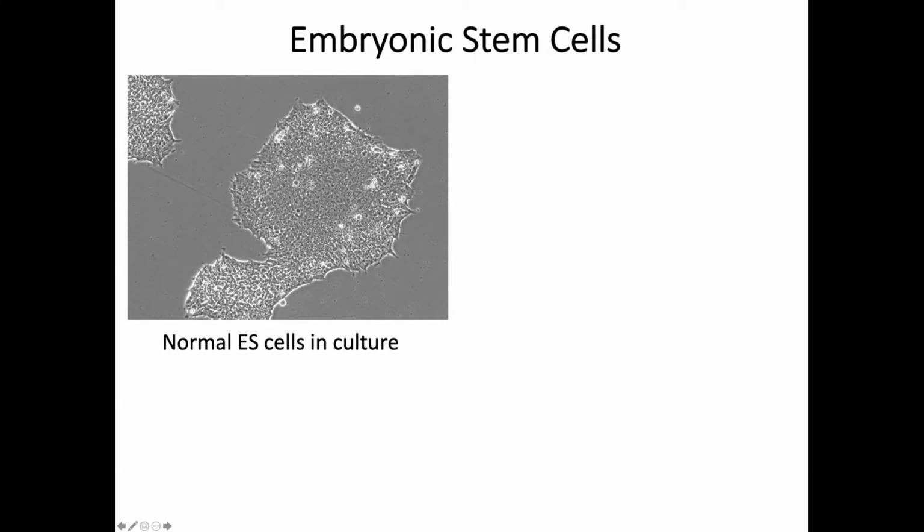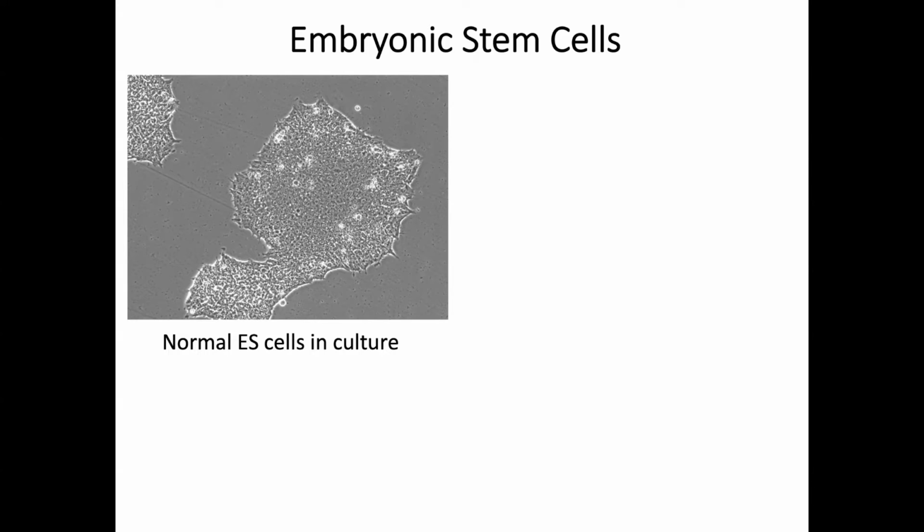So this is a picture of what ES cells or embryonic stem cells look like in a cultured plate under the microscope. Due to their self-renewal feature, these ES cells proliferate very fast in vitro, okay? If they can be maintained at the undifferentiated stage, they can live almost forever.